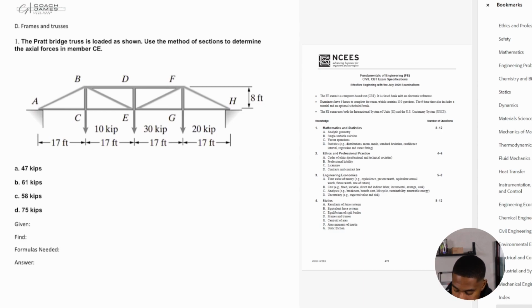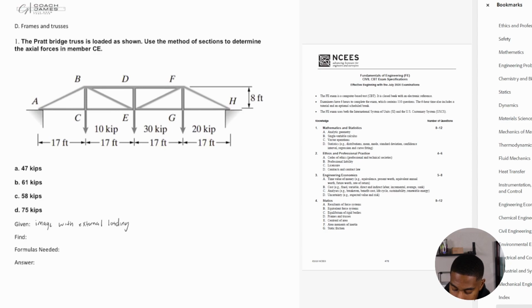We're given an image with external loading. All right. From this, I see a bridge that was 68 feet coming across, 8 feet high.